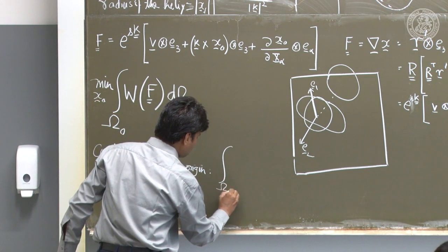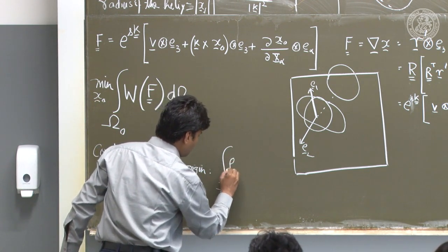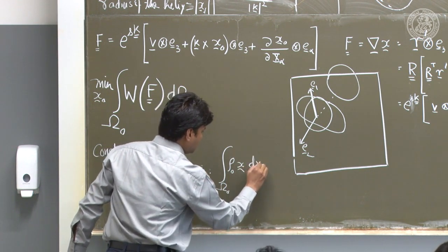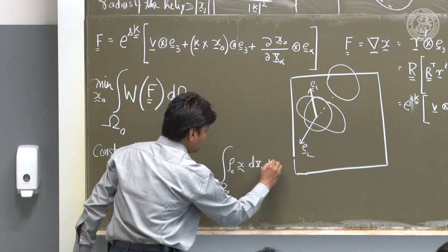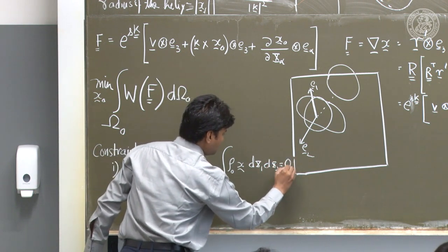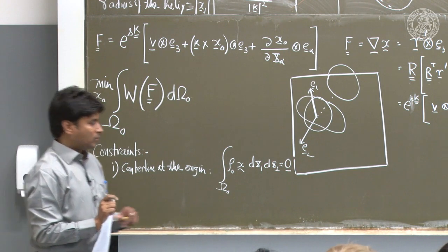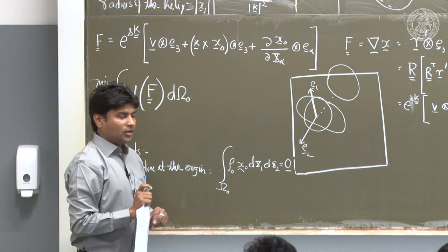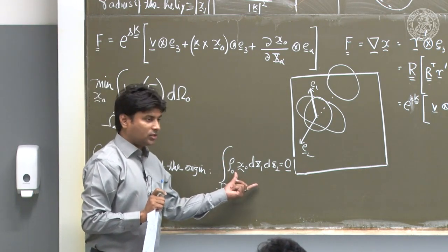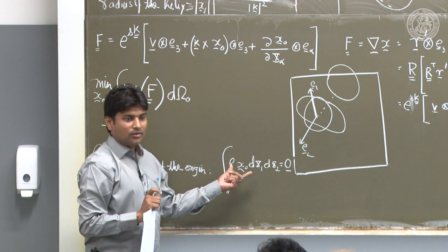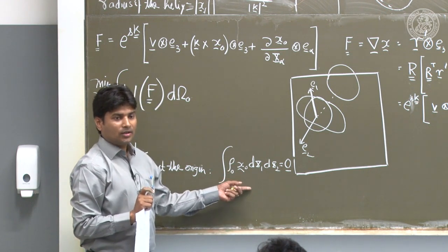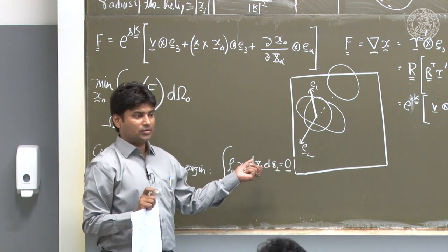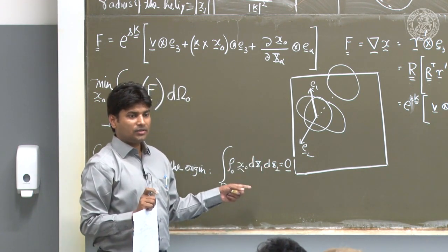Can we write that it should be rho naught times little x dx1 dx2 equal to 0? Whatever is your little x naught, if you work out this formula, this gives you the mass center of the cross section, right? And if we just set this equal to 0, then the mass center would be at the origin, isn't it?